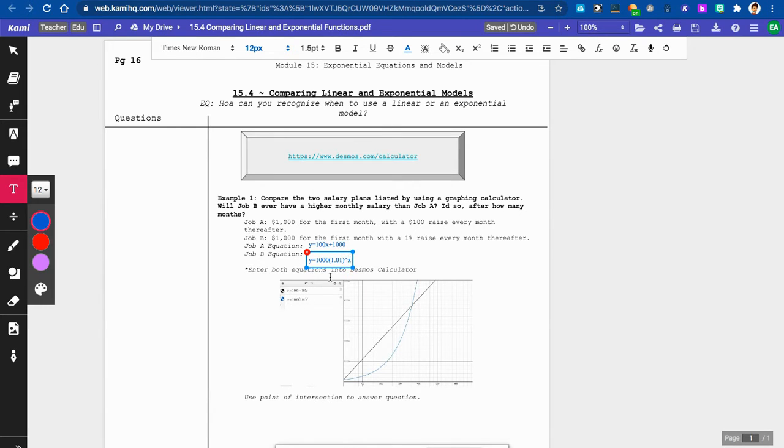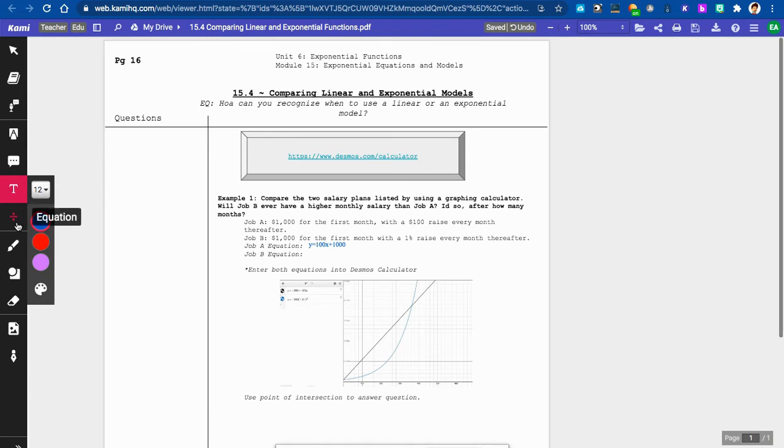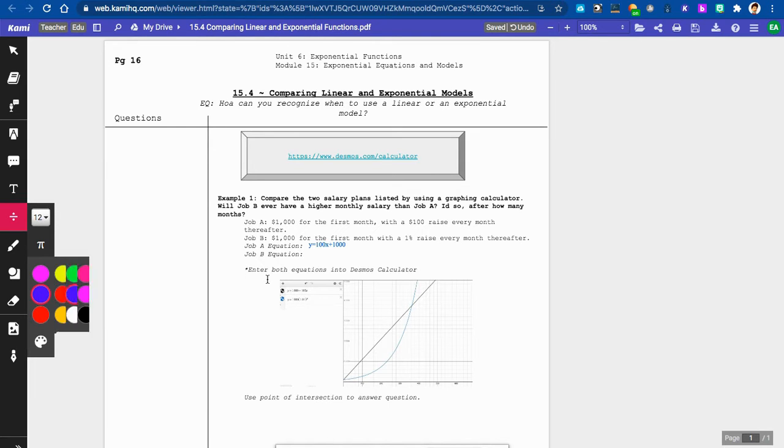It's not growing at a linear rate. It's growing exponentially. So sorry, just because I have that exponent, I'm just going to change how I write it. So y equals 1,000 times 1.01 to the x power. Now I have my linear equation.